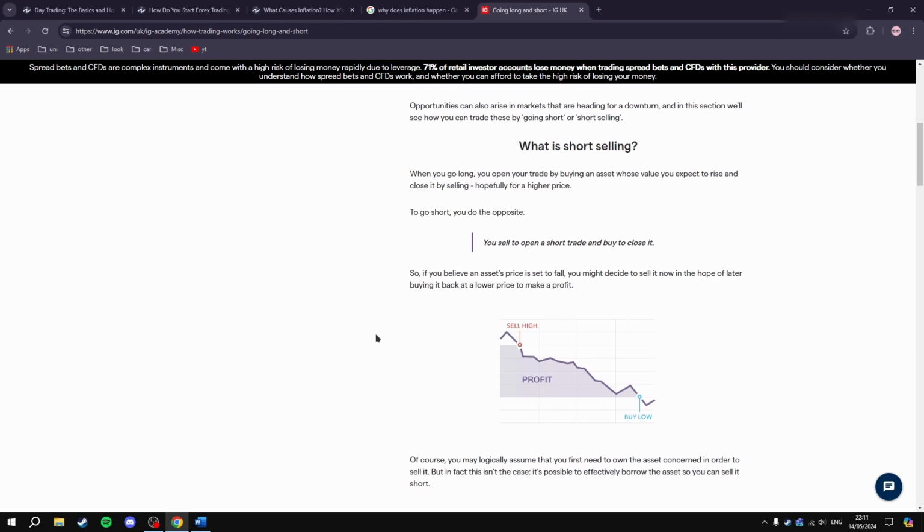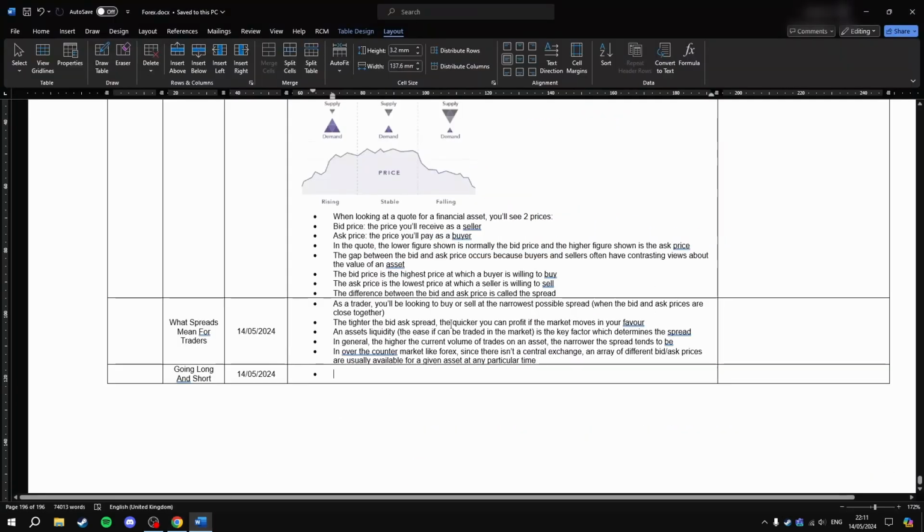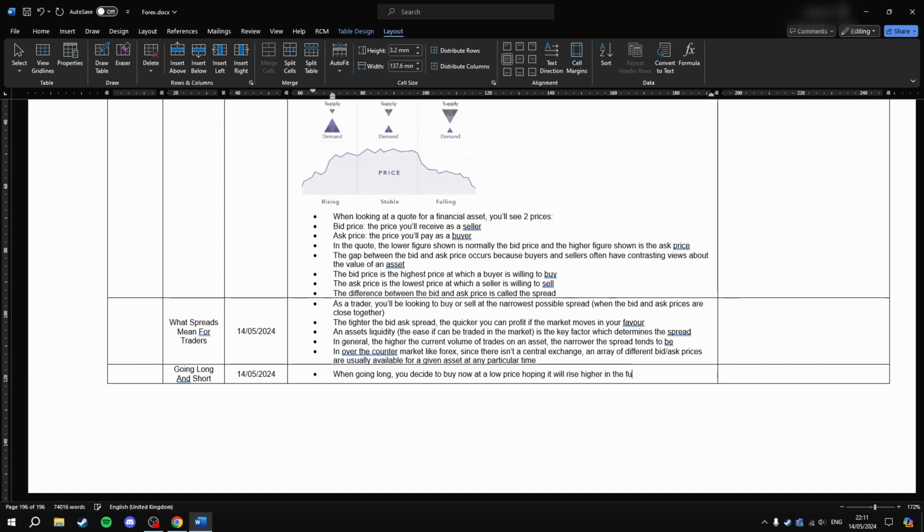Yep. So, when going long, you decide to buy now at a low price, hoping it will rise higher in the future so you can sell it off for a higher price, which makes a profit.